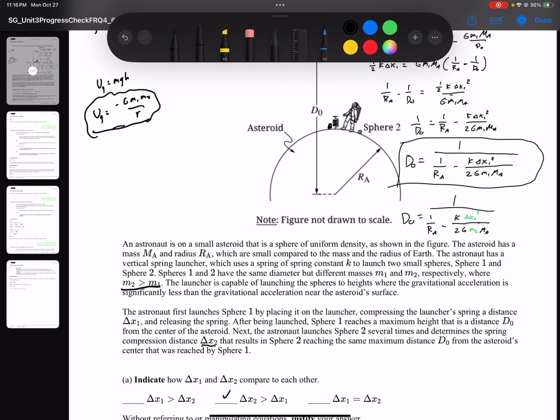If m2 is bigger, these expressions have to equal each other. If m2 is larger, then delta x2 has to also be larger in order to obey the law of conservation of mechanical energy. That's just how it is. They both reach the same max height. So m2 is more massive than m1, so the spring has to do more work on the sphere.